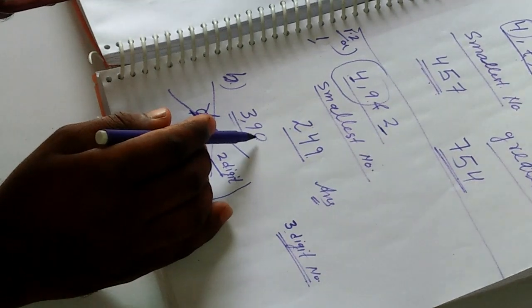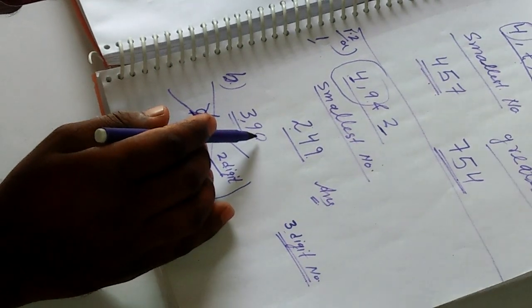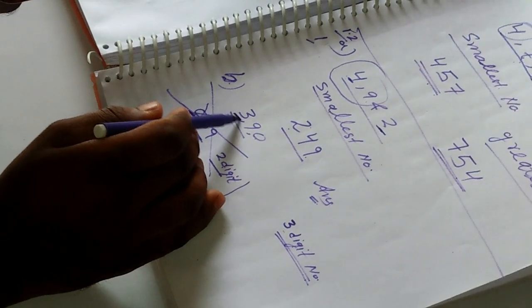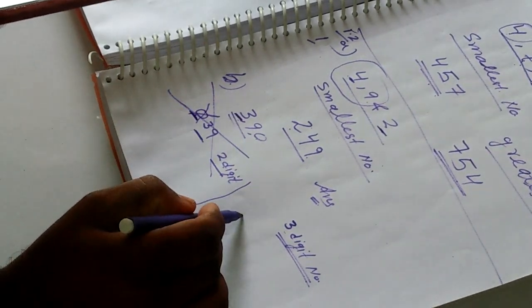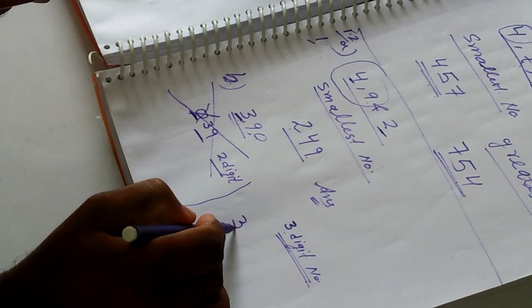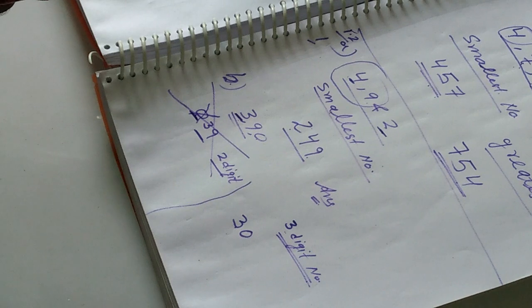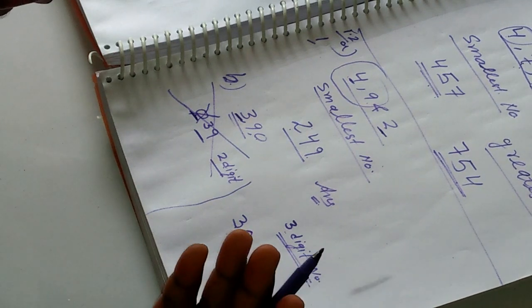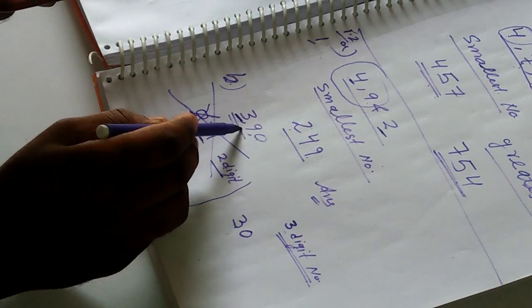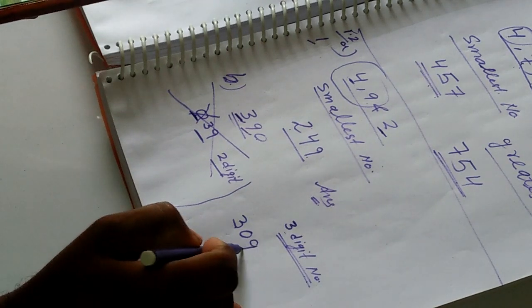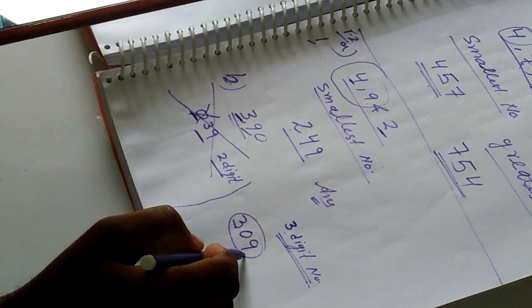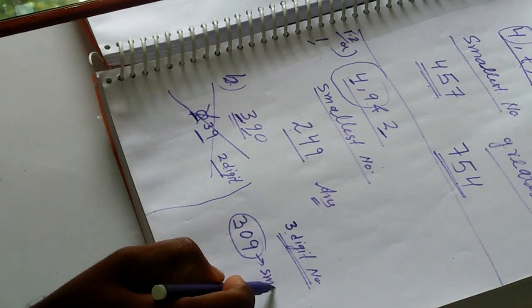So except 0, which one is the smallest? 3 is the smallest digit. So we have to write 3. Thereafter 0. Then whatever digits remain, we have to write in ascending order. But here only 1 digit remains, so we have to write 9.